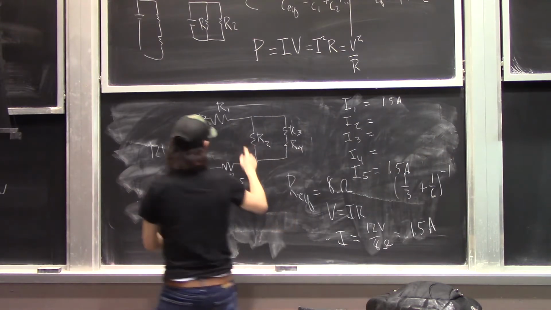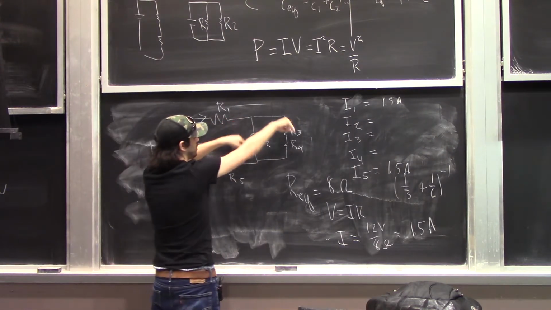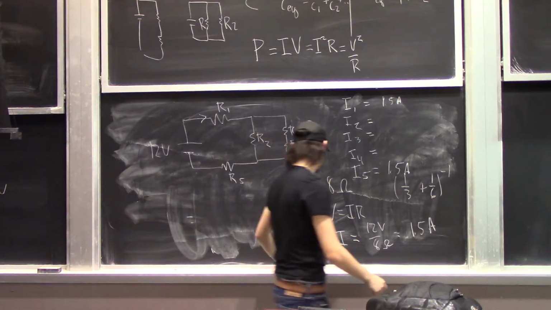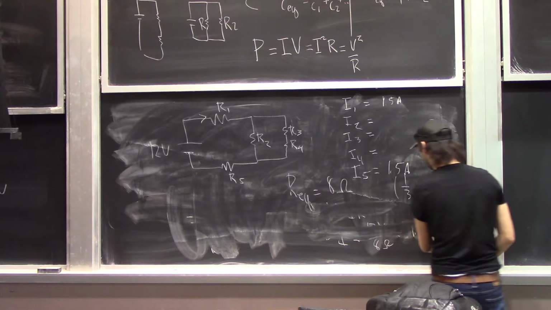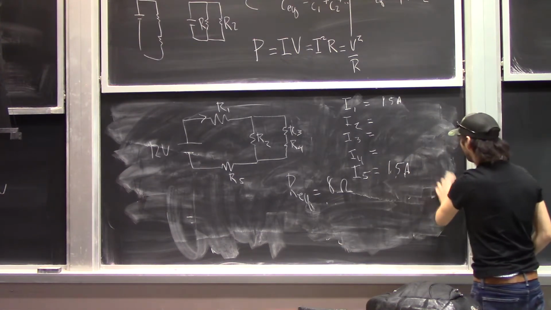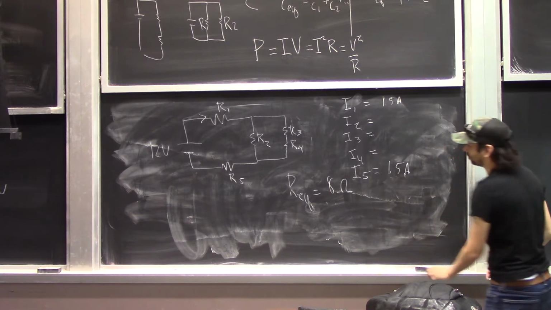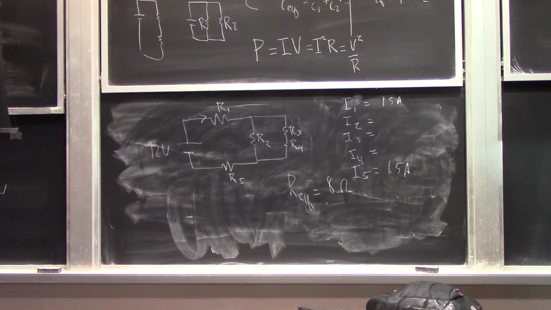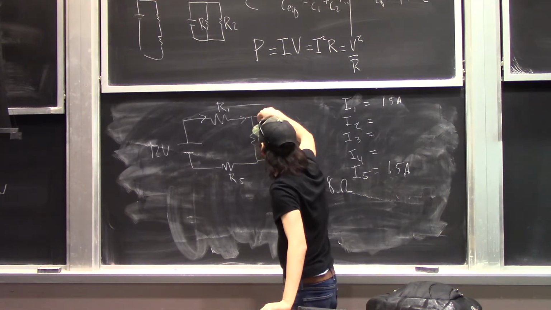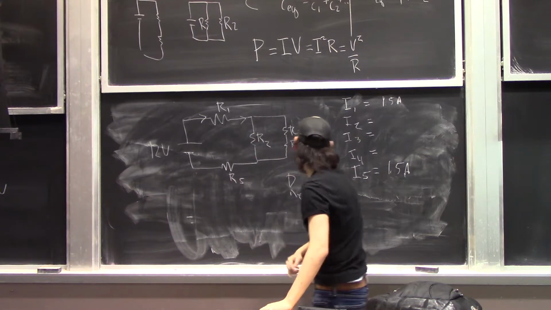That's because the current's going to split here, right? It splits here, but then it comes back together. And so this I5 is going to be the same as this one. There are a couple of ways to look at this, but one useful thing is to think about how this current is going to come in. It's going to split in two pieces.